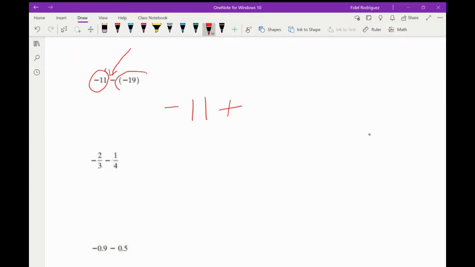And then what am I supposed to do with the sign of this number? Anybody know? With this number here, guys, we've got to change the sign. So if it's a negative 19, we're just going to write the number 19. And now I can say, look, I owe you $11 and I have 19.